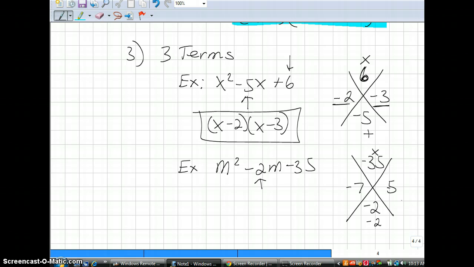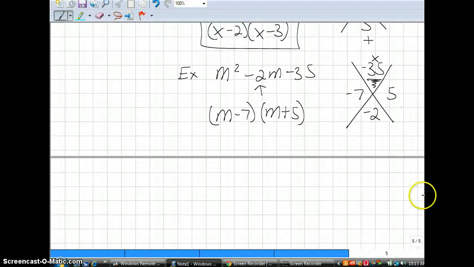Negative 7 times positive 5 is a negative 35, and negative 7 plus 5 is a negative 2. So then I'm going to have two binomials, m minus 7 and m plus 5. And again, if you multiply that out, you'll see that it multiplies out to exactly m squared minus 2m minus 35.